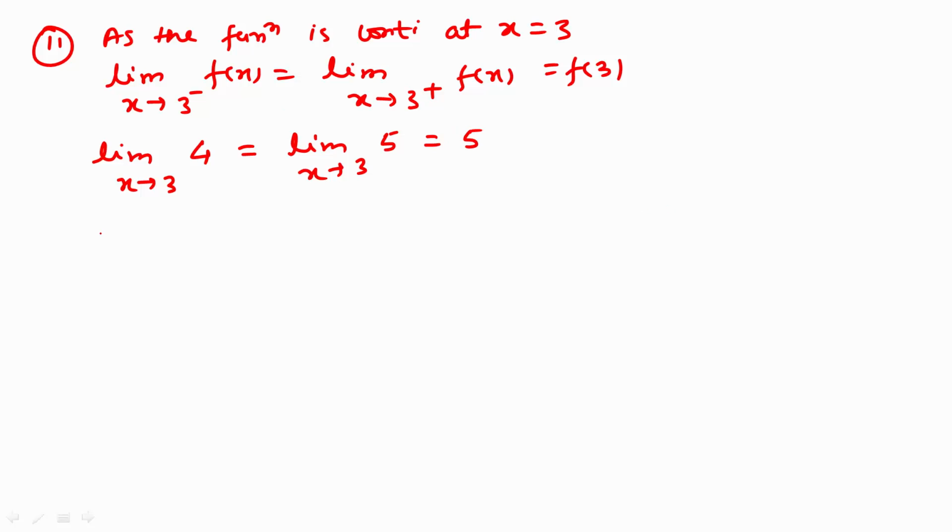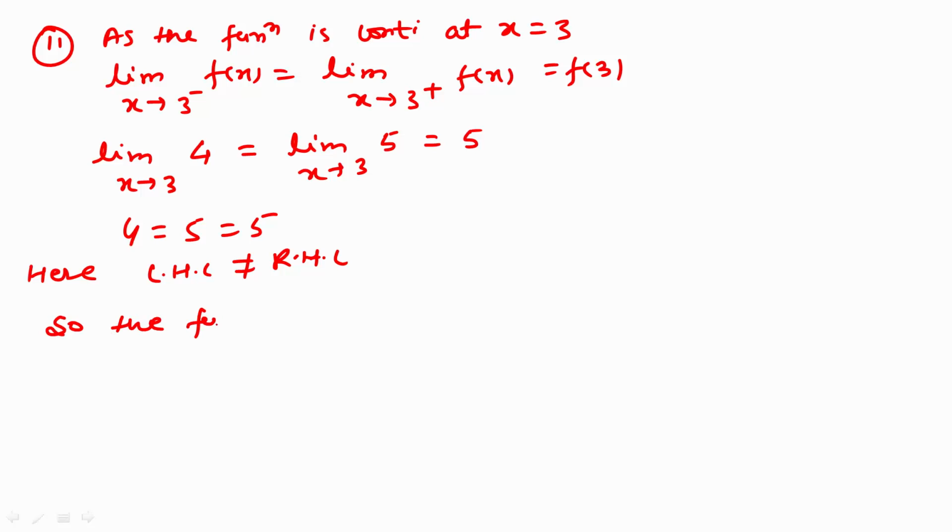On taking limit, 4 is not equal to 5. Again you can see that the left hand limit is not equal to the right hand limit, so the function is not continuous at x is equal to 3.